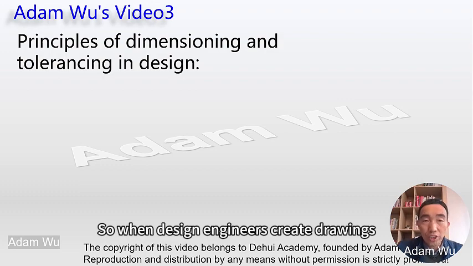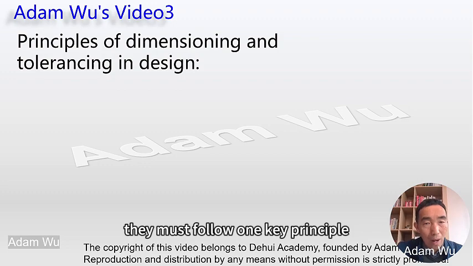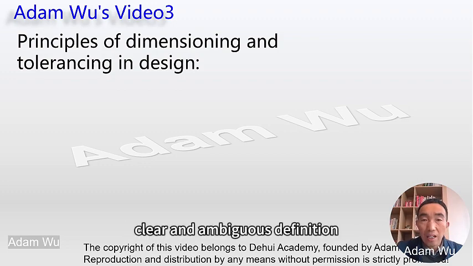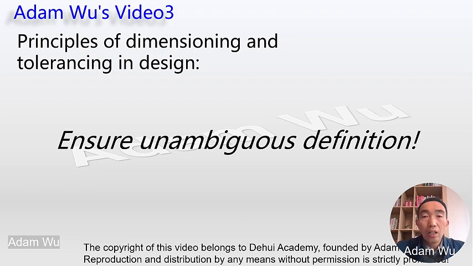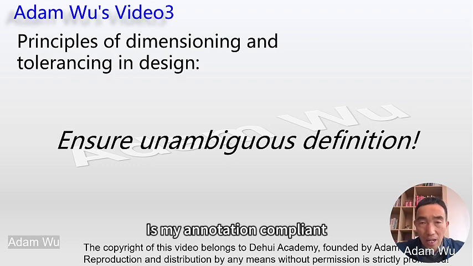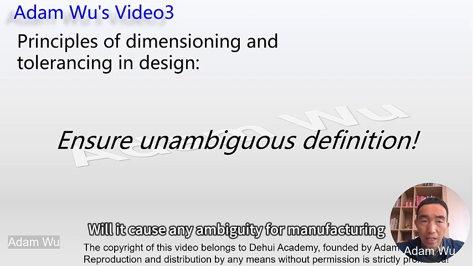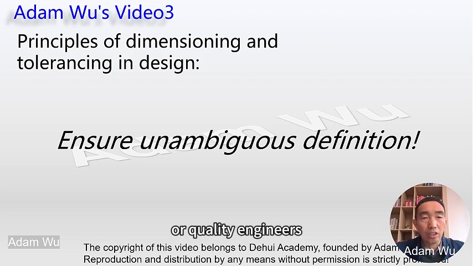So, when design engineers create drawings, they must follow one key principle: clear and unambiguous definition. What does clear definition mean? You may ask yourself, is my annotation compliant, or does it cause any ambiguity for manufacturing or quality engineers?